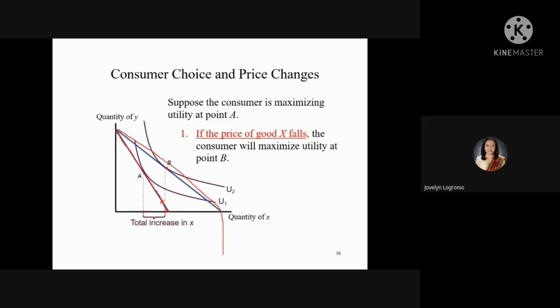If we can exactly solve for the value, ilan yung in-increase na quantity in good X. So, that's the total increase in X, ibig sabihin the total effect is equal to the income effect plus the substitution effect. So, all in all, the new optimum point is at point B.